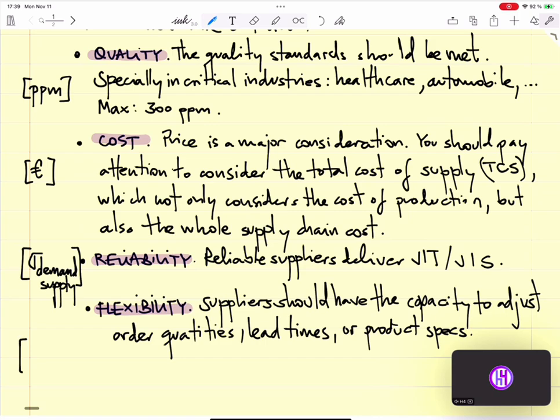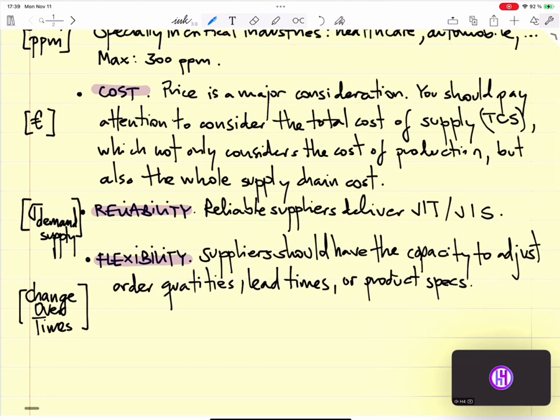Here, whenever I do some supplier audit, I go and look at the changeover times at the supplier facility. Okay, so the time it takes to change from product A to product B is very important. And then the geographic location.